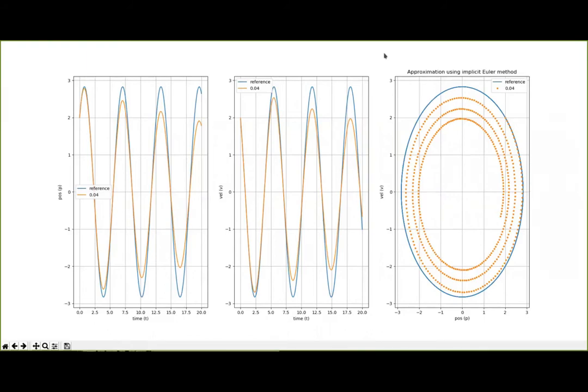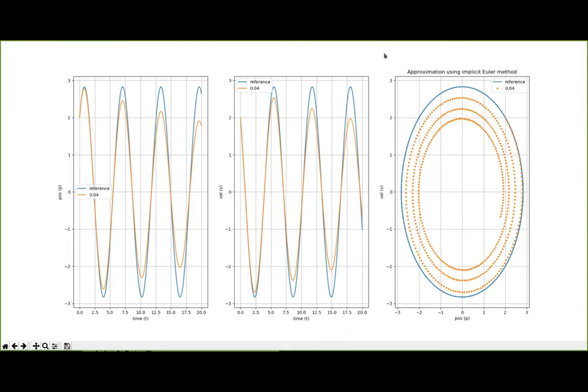That decrease in energy is not part of the physical model. And as we take a look at the right panel, you see that the position-velocity pairs, as we do more and more steps of the implicit Euler method, go onto smaller and smaller orbits around the origin. That is not part of any physical system, and it's not desirable in our numerical simulation.